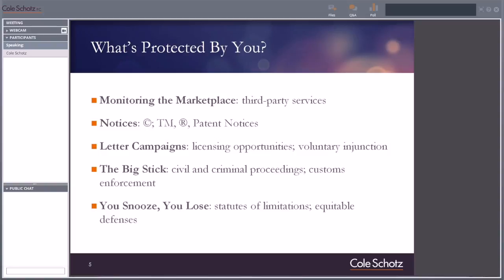Finally, David did address generally the idea of why it's important to monitor and talked about the delays and mentioned the statute of limitations. All claims have statutes of limitations. It's not just IP related. And what that basically means, if you're not familiar with it, is that there are time limits on how long you can wait after a claim arises.